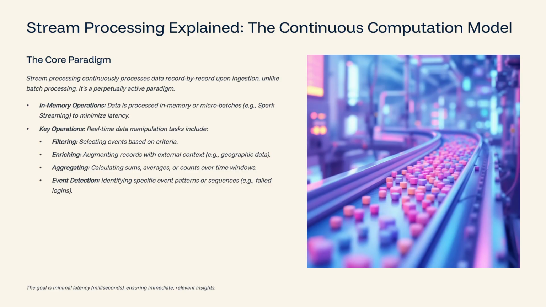In memory operations, the data is processed in memory or in micro batches, for example, Spark streaming, to minimize the latency. And the key operations involved here are as follows: filtering, enriching, aggregating, and event detection.